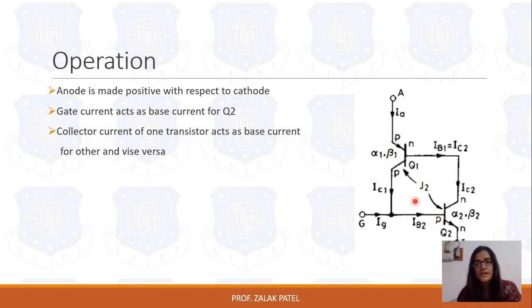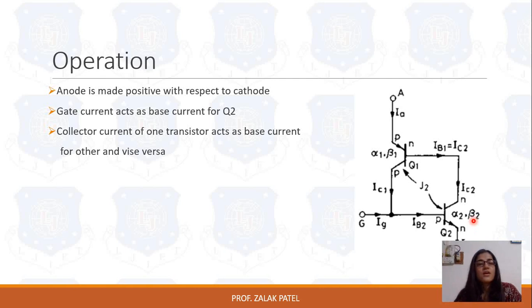For the PNP transistor, the first gain is due to the T1 transistor and the second is the gain due to the T2 transistor, which means alpha 1 into beta 1 current multiplication takes place. In the same way for the second transistor, alpha 2 into beta 2, the gain of the first transistor and the gain of the second transistor.